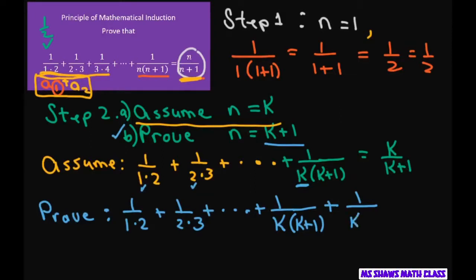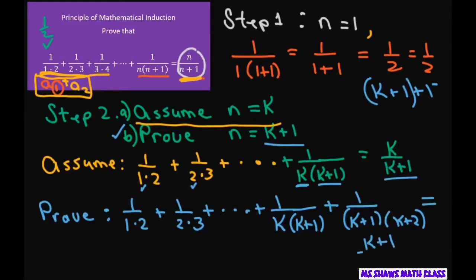So the next term is k plus 1, and this one is going to be k plus 1 plus another 1, so it's k plus 2. And this should equal, on the sum part, k plus 1 divided by k plus 2, because k plus 1 is the next term, and the next term after k plus 1 is k plus 2. So that's what we have to prove.